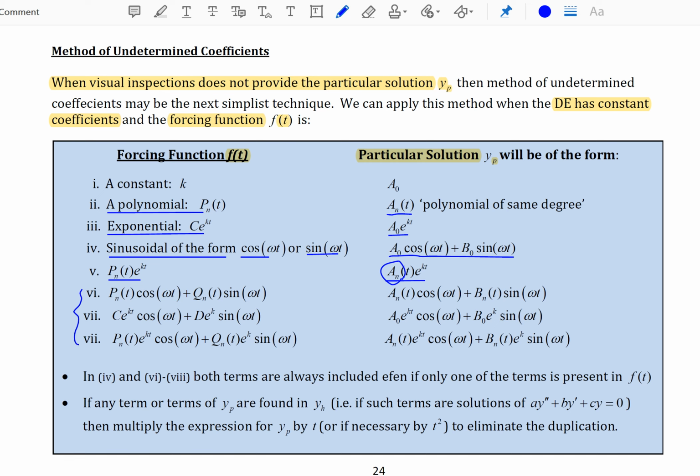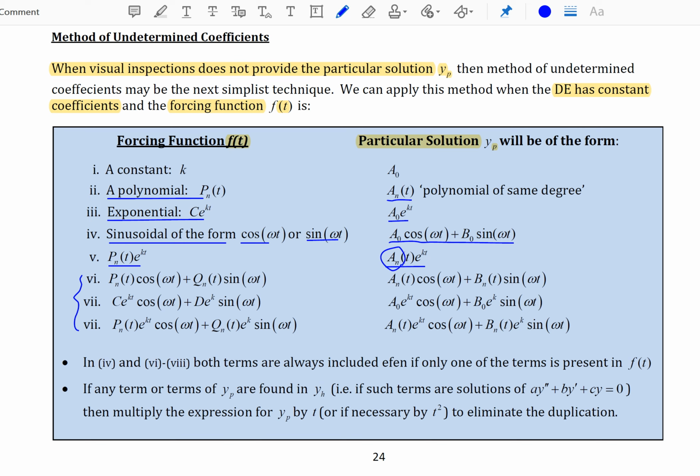But notice that with all of these forcing functions, there are always going to be polynomials, exponentials, or sinusoidals, or some combination of them. If your forcing function is not one of these varieties, polynomials, exponentials, sinusoidals, or some combination, then we will not be able to apply the method of undetermined coefficients.